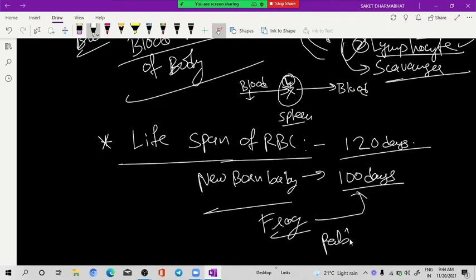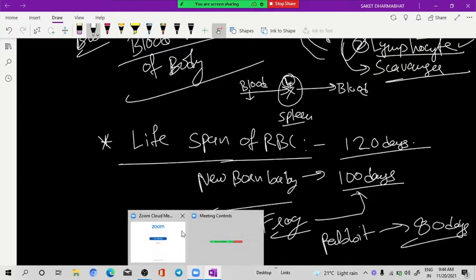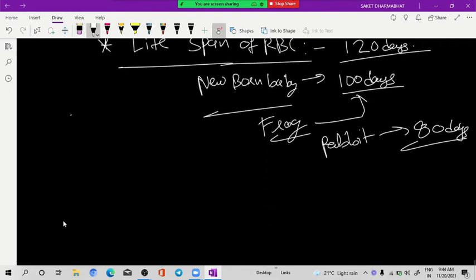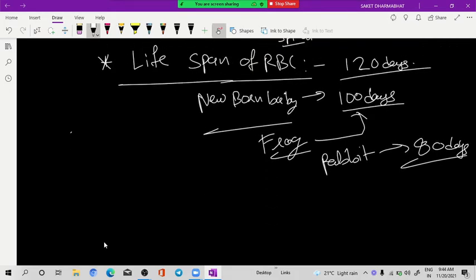But in rabbit, lifespan of RBC is what? 80 days. Clear up to here?